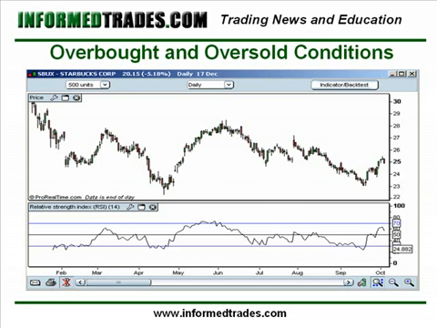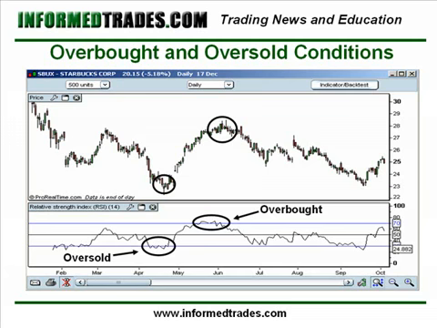So you can see here the RSI goes below 30, the market bottoms there and then turns upward, and then the market continues upward, goes into overbought territory on the RSI, and then you can see it turns downward after that.